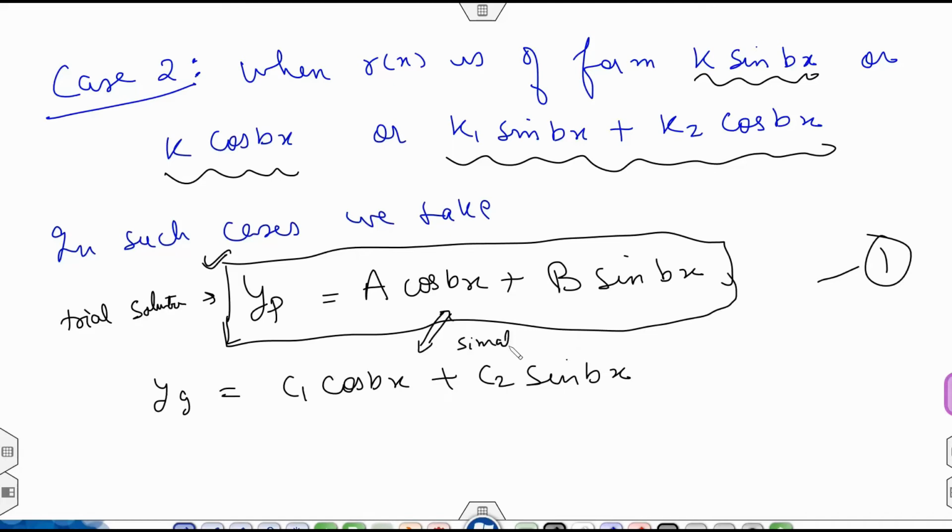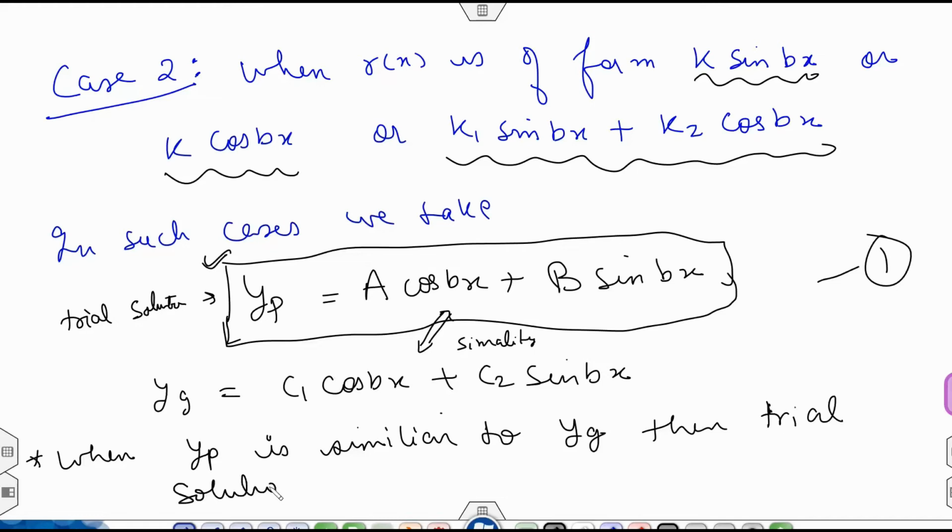So yp can be generated by yg. In that case, when yp is similar to yg, the trial solution is taken as yp equal to x times a cos bx plus b sine bx.